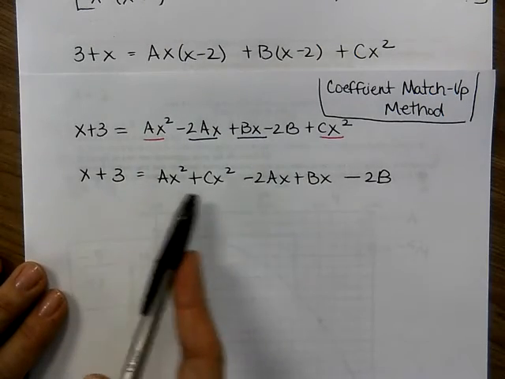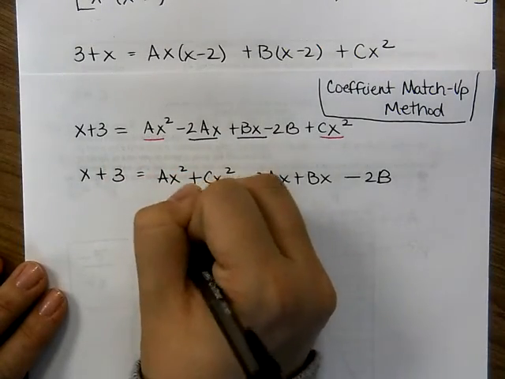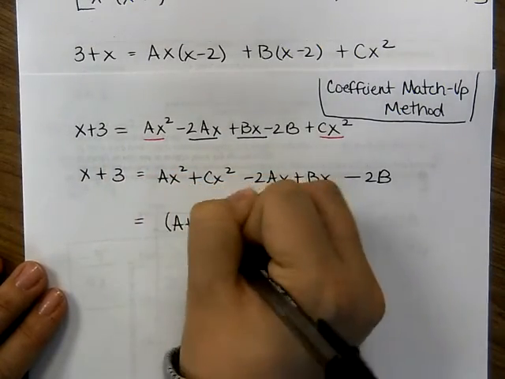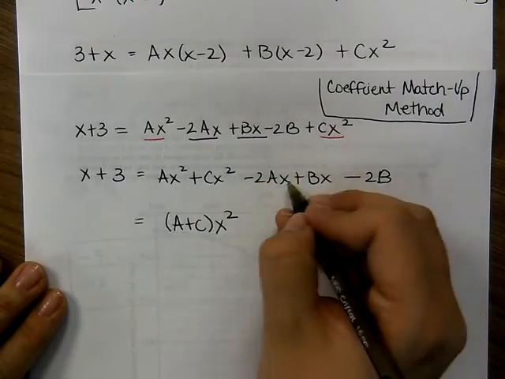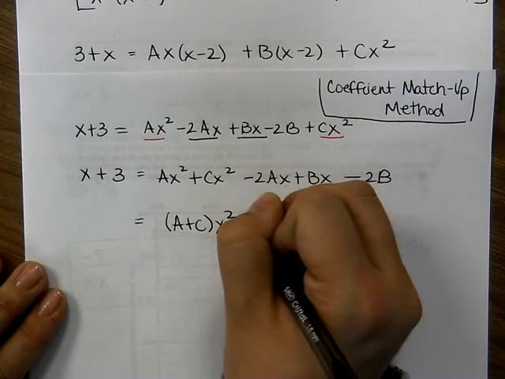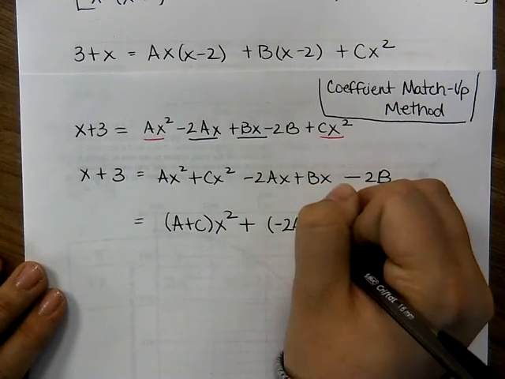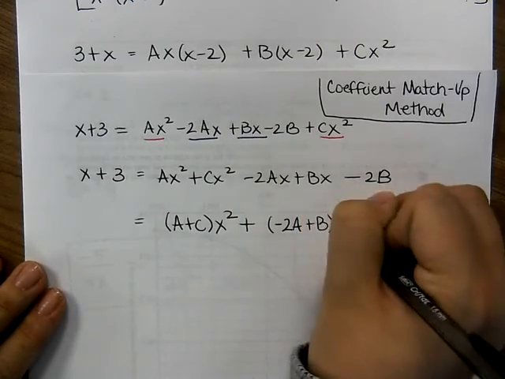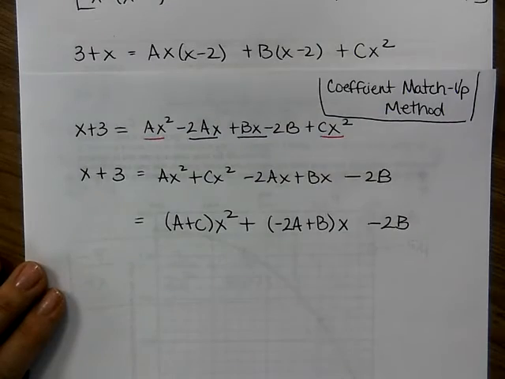These two x squared terms, I could factor the x squared out and have a plus c times x squared. Here, these x terms, I could factor out the x and have negative 2a plus b. And then this constant is just standing alone.